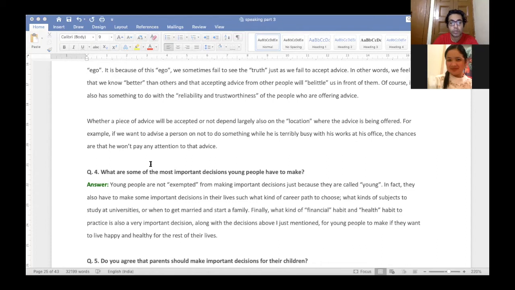They have to make their own decisions to make their future better, as when they decide to study well, especially when they are still residing with their parents.